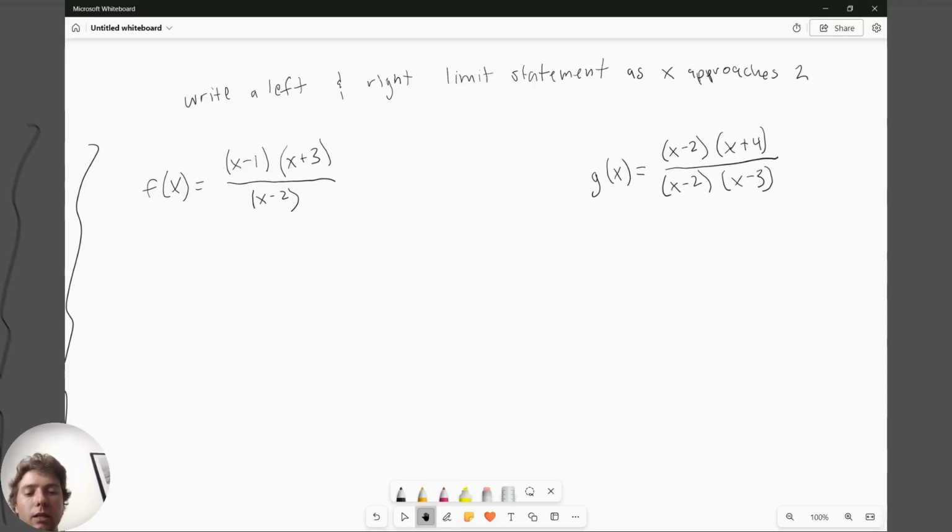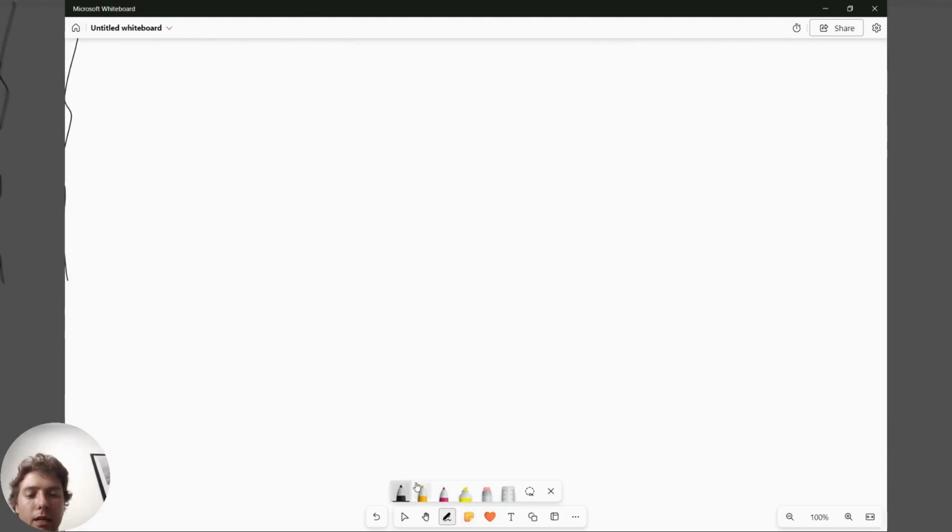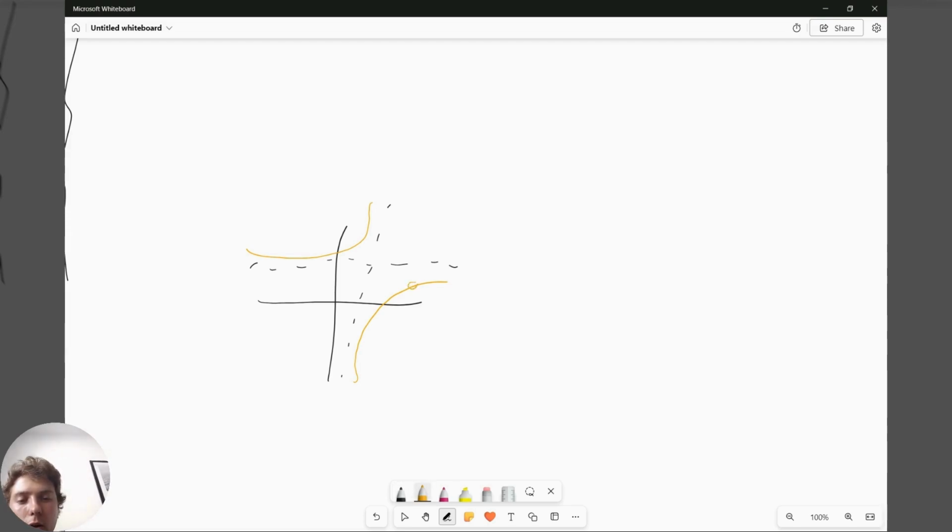The reason you can do that is you get 3 different cases that could happen. If you have a hole in your graph, let's just draw some sort of rational function. Maybe it looks like this. You've got asymptote, asymptote, just a quick drawing. And let's say there's a hole right here. Well, if you have a hole, your graph cannot equal that exact spot.